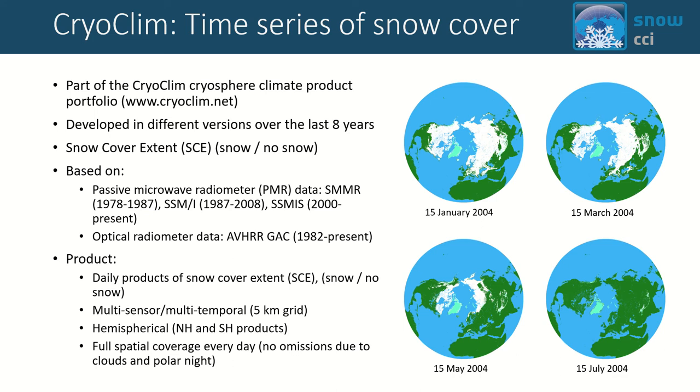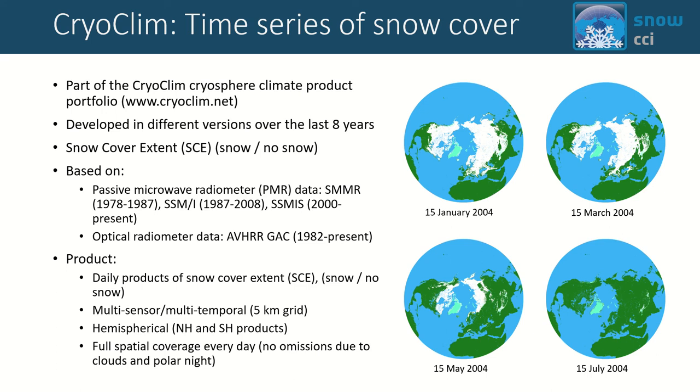The first version of it was developed within the CryoClim project, and it has been further improved in different projects. The idea is to use a fusion approach, combining the best of each sensor type to have the best possible estimate of a daily snow cover.